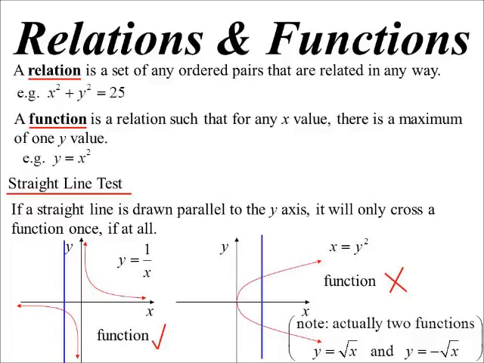I didn't mention it there. I thought I did, but I'll mention it now, whilst it's not written there. Algebraically, the way you would check is to make x the subject and ask, is it unique? With y equals 1 on x, if I make x the subject, I get x equals 1 on y.